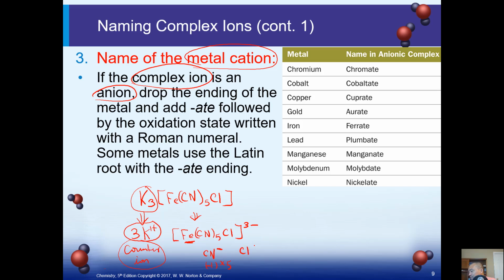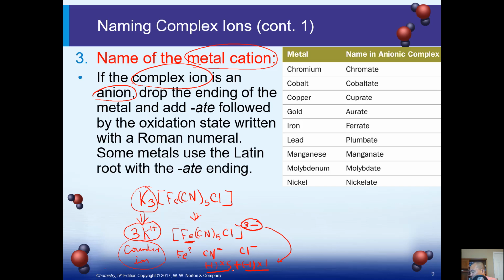And Cl comes from chloride, which is called chloro. Okay. It also has a -1 charge, and you have 1 of them. Right. So what charge should this Fe carry? So -5 plus -1, that's -6. But the whole complex ion carries -3. Okay.